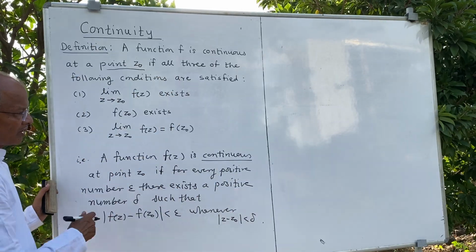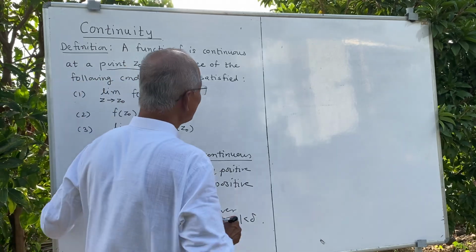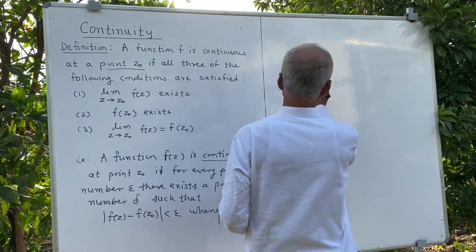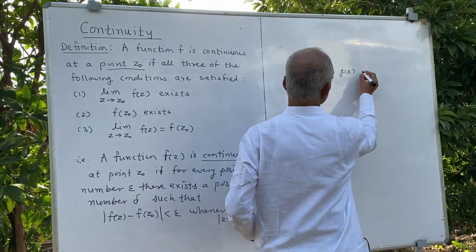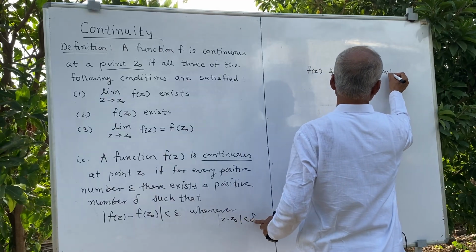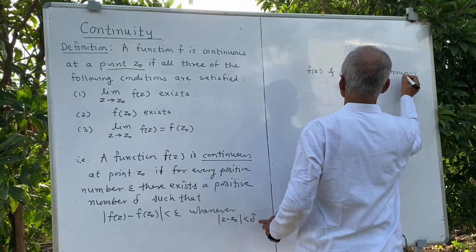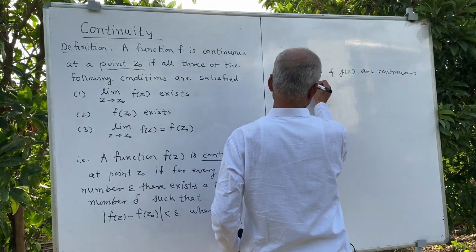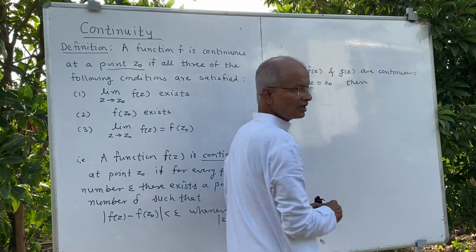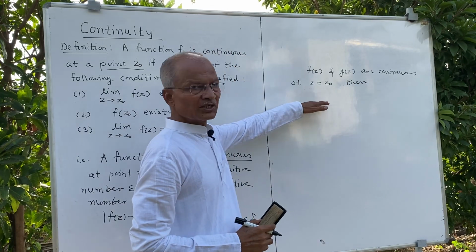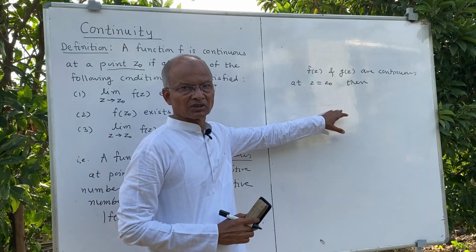Now we will prove a result. If f of z and g of z are continuous at z equal to z naught, then so are their addition, subtraction, multiplication and quotient.